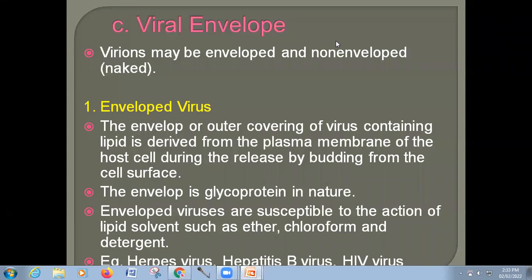So this envelope is susceptible, meaning it will be harmed by ether, chloroform, and other detergents. Examples of enveloped viruses are herpes virus, hepatitis B virus, and HIV. These are the examples of enveloped viruses.